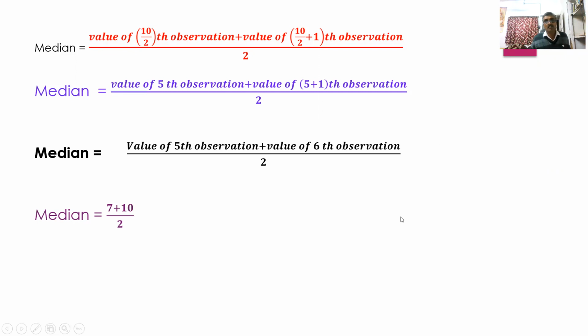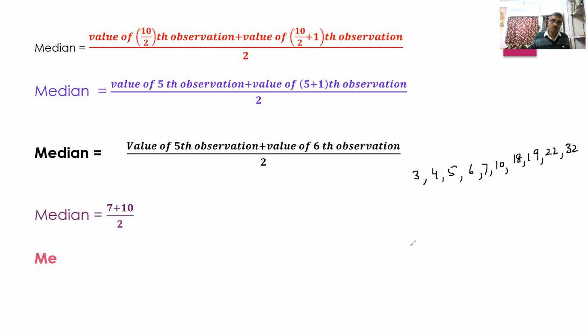The observations are 3, 4, 5, 6, 7, 10, 18, 19, 22, and 32.